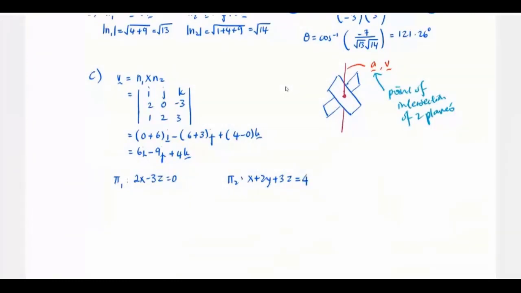Okay, so kita akan masukkan plane 1 ke dalam plane 2. Okay, so I'll let 3z as a subject first. So saya akan masukkan yang ini ke dalam ini. So directly we have x plus 2y plus 2x equal to 4. So directly we have 3x plus 2y equal to 4.